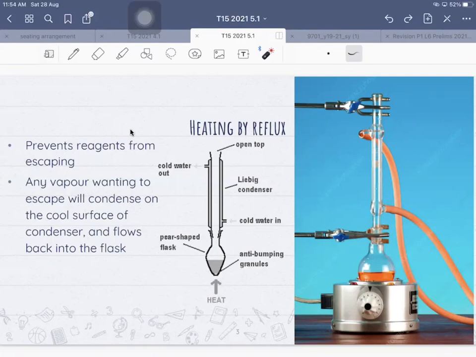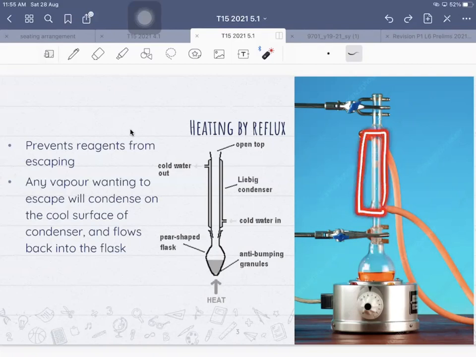Ethanol is a volatile molecule. So if I form ethanol gas, you would imagine the gas would evaporate and move up.